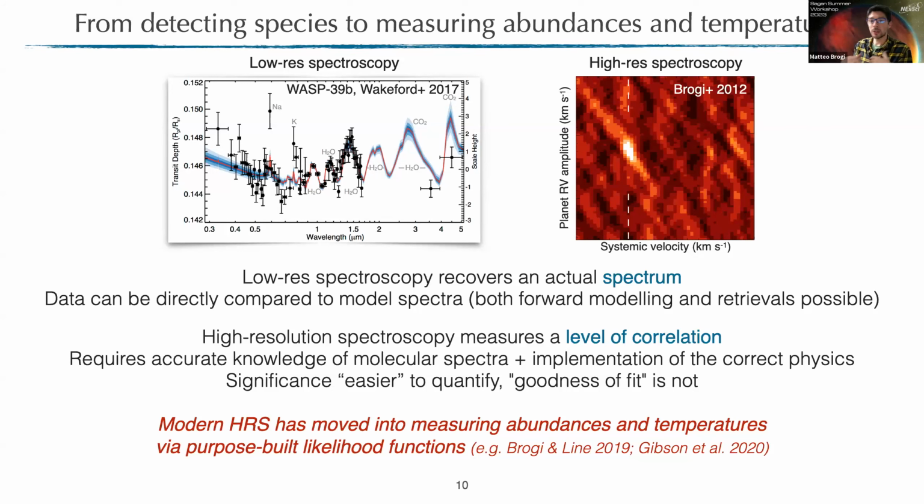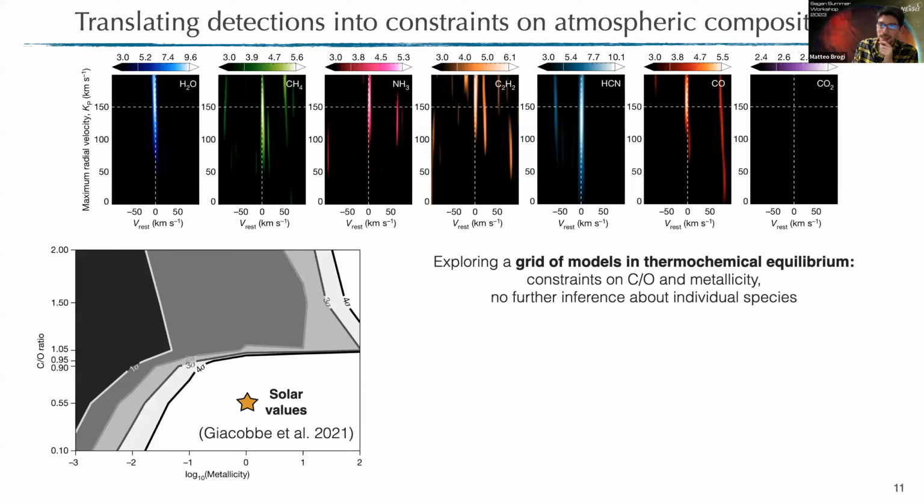So we could go into territory of statistical analysis, Bayesian inference, something you'll hear about also from Mike Line later this week. But also here, I want to continue to be a bit skeptical about this high res. I'm playing the game of somebody not working in high res, because you can use this and you can start exploring a grid of models, right?